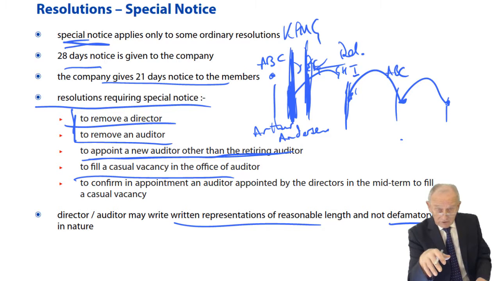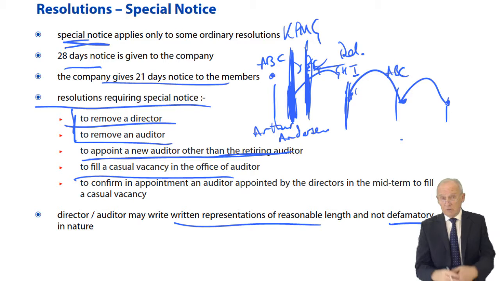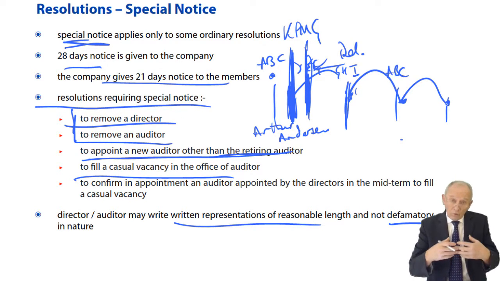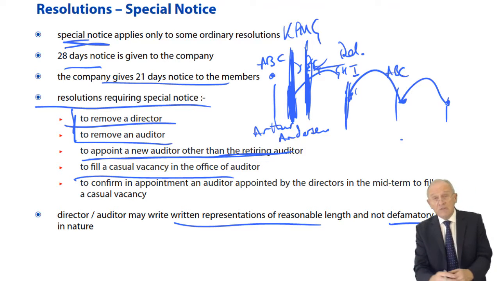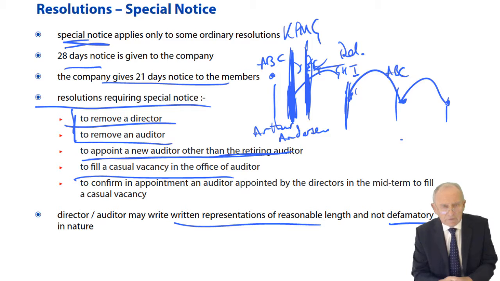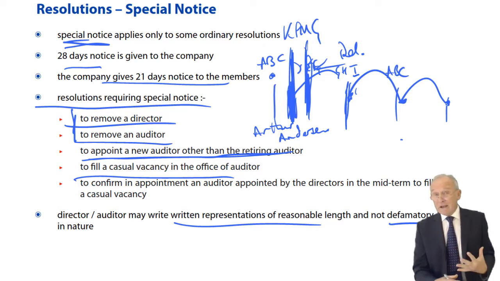But if we're changing auditors, or if we have changed auditors because one has become disqualified and we've had to fill the casual vacancy, or the directors have filled the casual vacancy and now the members are going to approve that casual vacancy appointment. And those are the only 5.